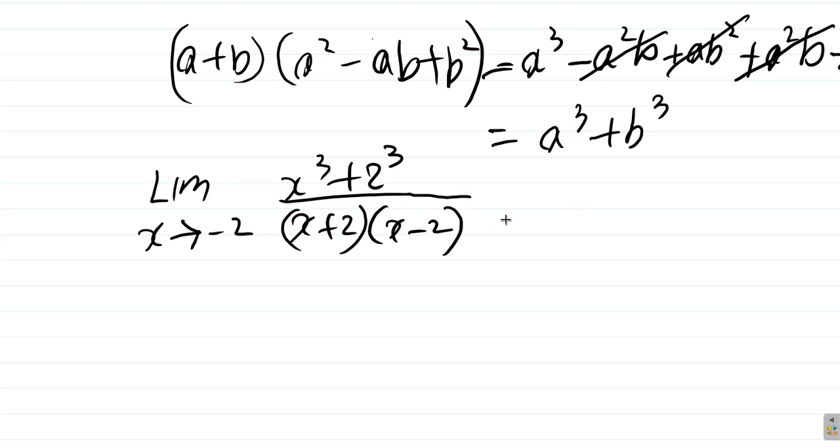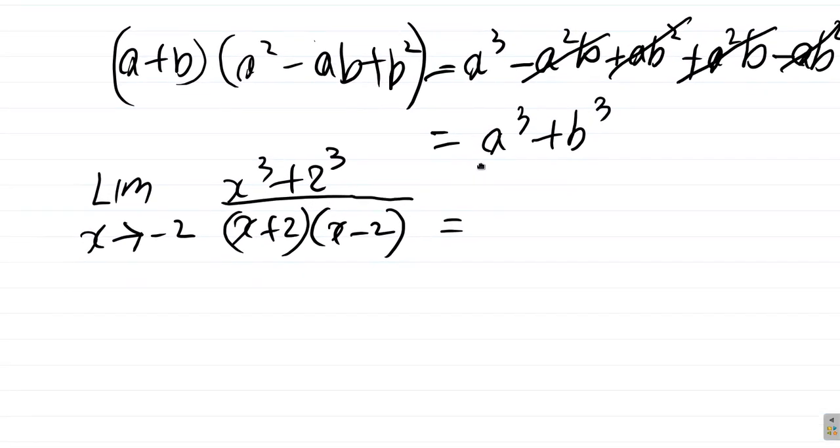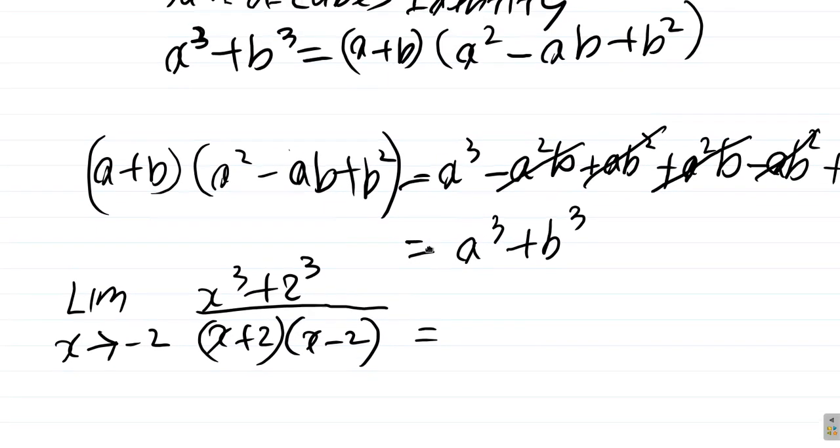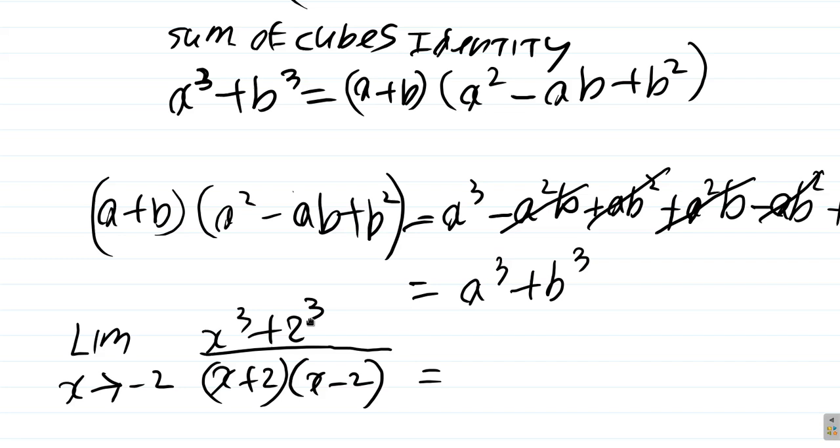Now, here, based on this identity, the x would represent the a from the identity. You have x cubed, it's a cubed, so x is a, and you have plus b cubed, it's 2 cubed, so 2 is b.